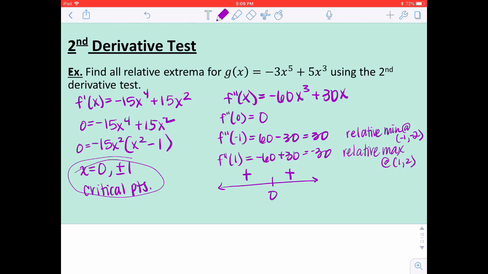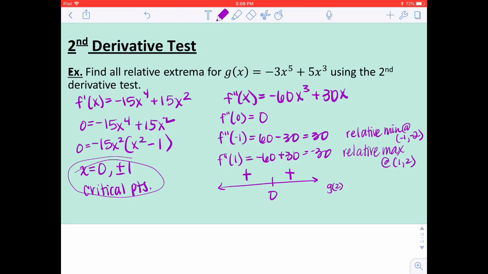So to find the y value, I took 1 and negative 1 and plugged it back into the function to get where our relative min and our relative max are at. I would like to see you guys put the points where the min and the max are actually at, not just the x value. I would like to see the y value as well. So to do that, like I said, I just plugged it back into the original function.